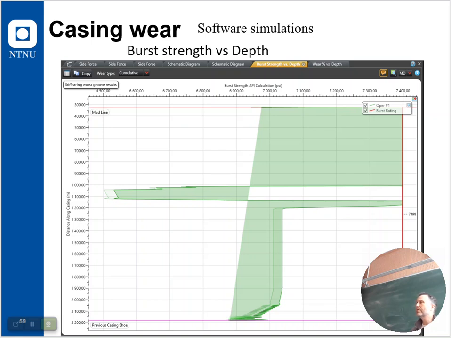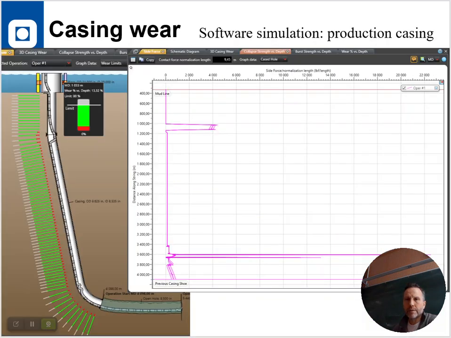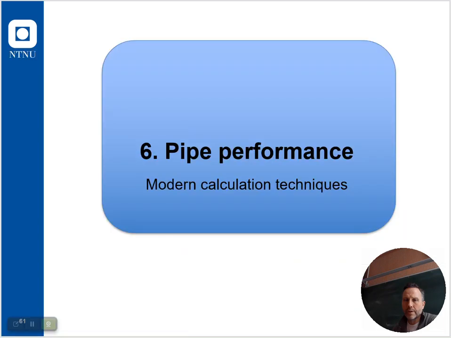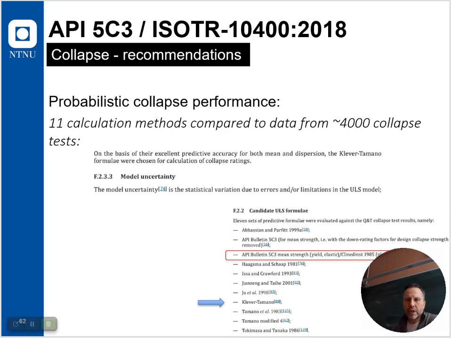Whereas if you keep your dog legs mild and try to push them down, you will get less wear. This would be the side force. Yeah, modern calculations.